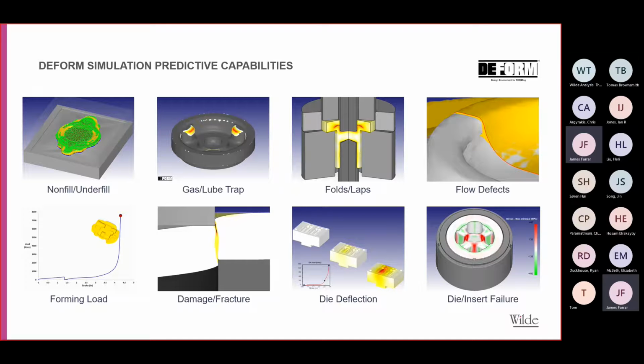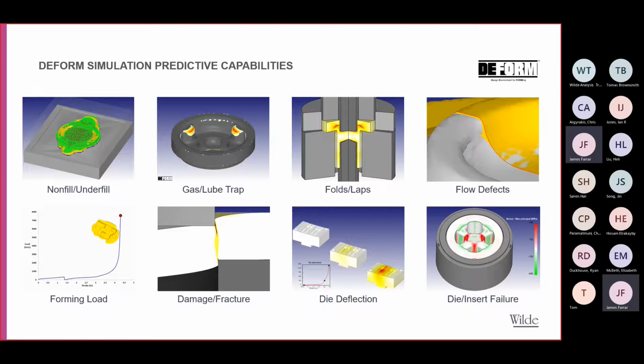We may want to troubleshoot defects and understand whether we're going to get folds, laps or subsurface defects. Being able to track the material flow and tools to determine if that's the case is readily available, and those include flow defects.